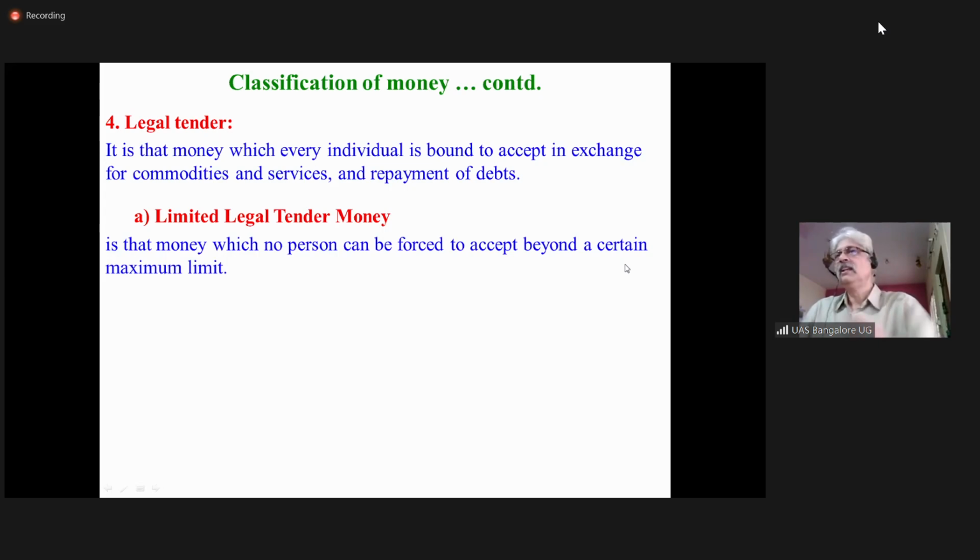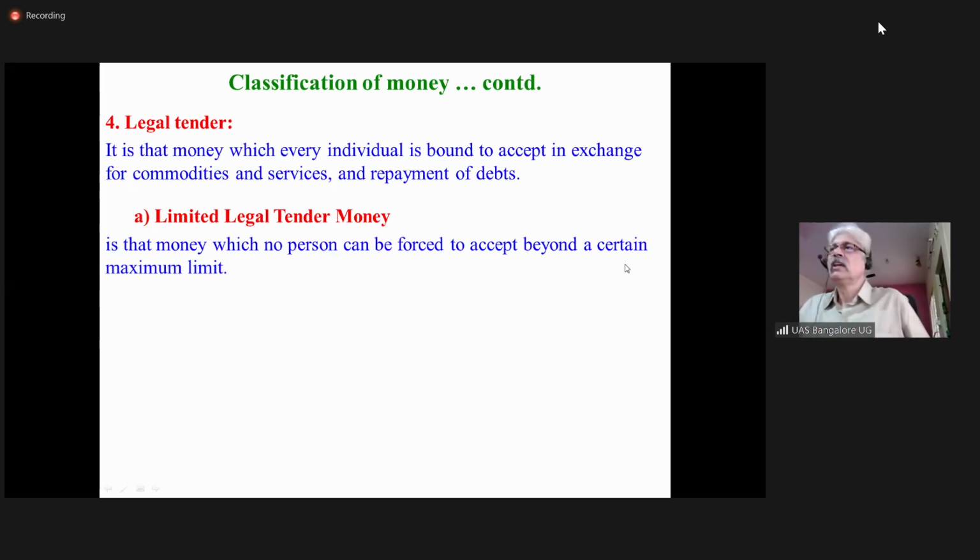Okay, limited. So to a limited extent, a person can accept it. Say for example, Bhanu Kumar has to make payment of 1 lakh rupees to Divakara BP.